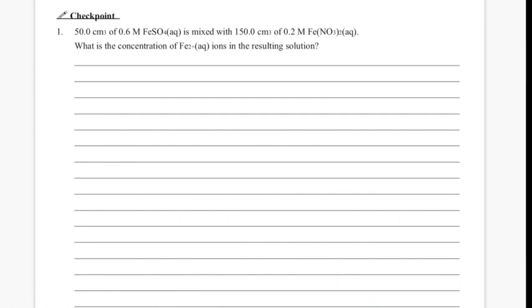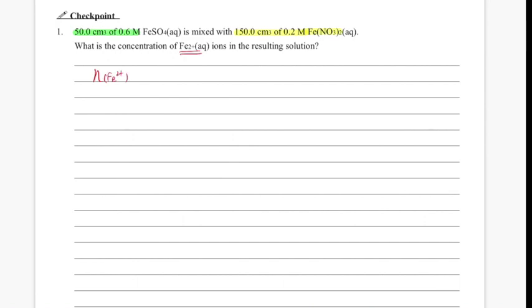The first solution, we have 50 cm³ of 0.6 molar iron 2 sulfate. In the second solution, we got 150 cm³ of 0.2 molar iron 2 nitrate solution. Okay, so we need to first work out the total number of iron 2 ions. So remember, because we're having more ions in it, better have a subscript to represent which one you are calculating.